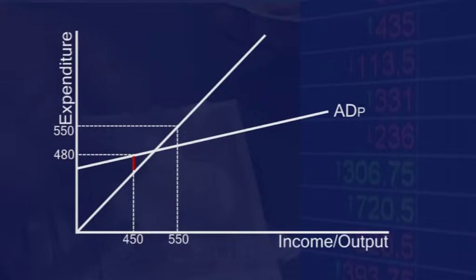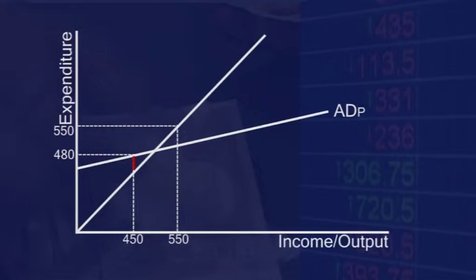If the amount that we're producing in the economy is 450, then somebody is receiving 450's worth of income. Income equals product. They plan to buy more than is actually being produced. At 450, we'll say plans to buy output are 480.